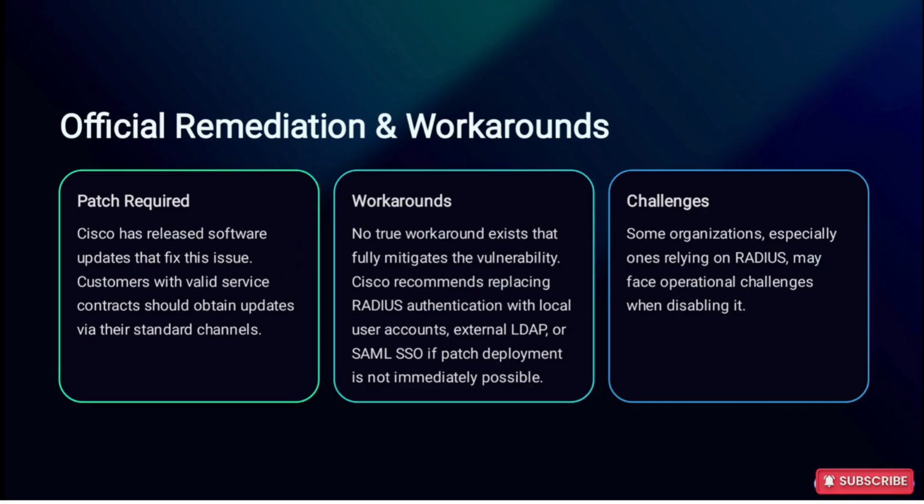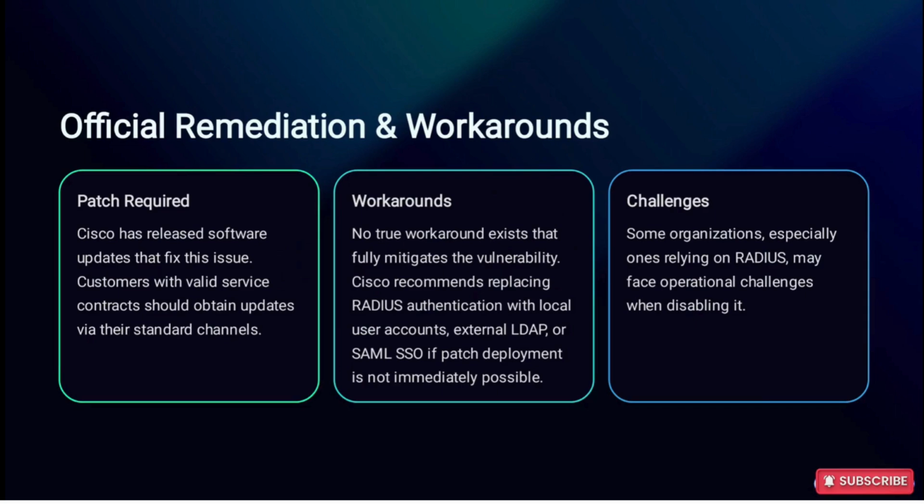Official remediation and workarounds are in progress. First, the patch: Cisco has released a software update to fix this issue, which customers with a valid service contract can obtain via standard channels.